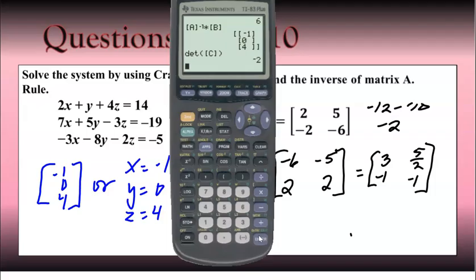And now if I were to take the reciprocal of that, so a negative 1 divided by 2, and if I multiply that by our matrix, we're going to have to edit number 4. This is a 2 by 2.